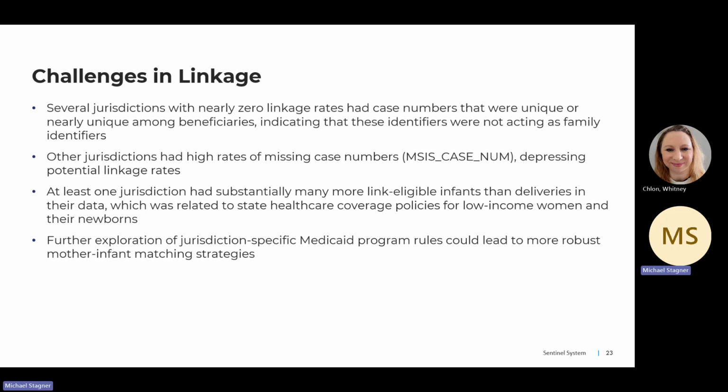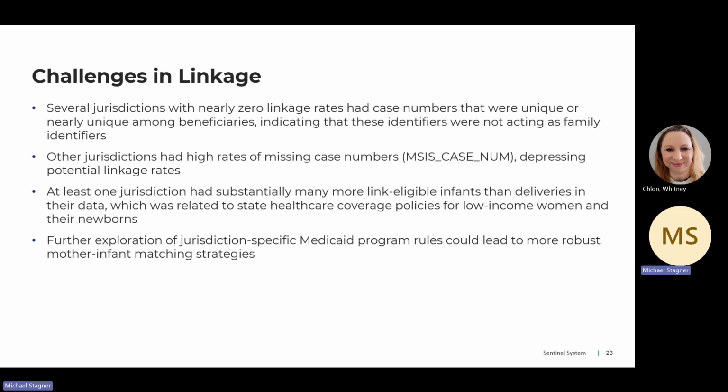The challenges are that when we're using our T-MSIS case number, several jurisdictions have practically no linkage at all, because the case number is unique per beneficiary. So the T-MSIS case num is not acting as a family identifier. Again, this is a jurisdiction-specific variable, and each jurisdiction can put whatever information in there.